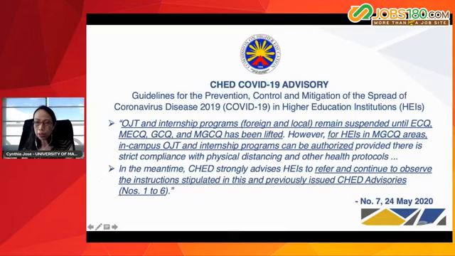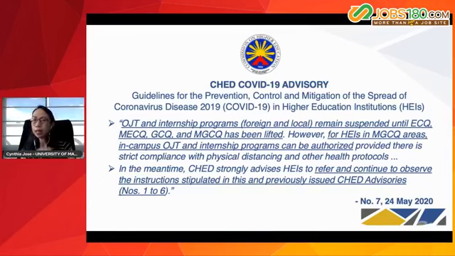Also in their advisory last year, they said that HEIs in modified GCQ areas can do in-campus training, but with strict compliance with physical distancing and other health protocols. Towards the end of the advisory, the schools were reminded to refer to and continue to observe the stipulations in the previously issued advisories numbers 1 to 6.